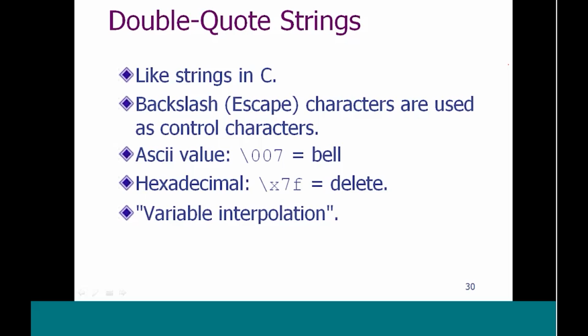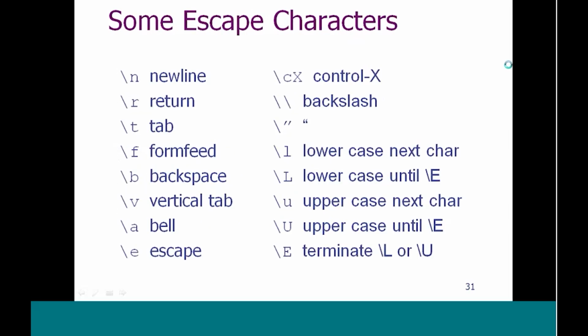And another example is variable interpolation in double quotes. Some of these things that we saw are the new line character backslash n, the return character backslash r.